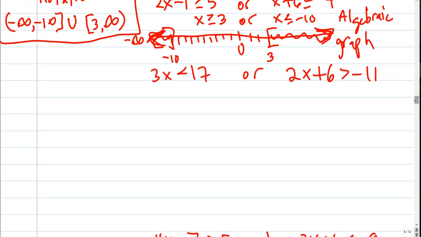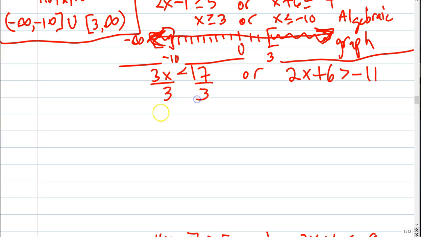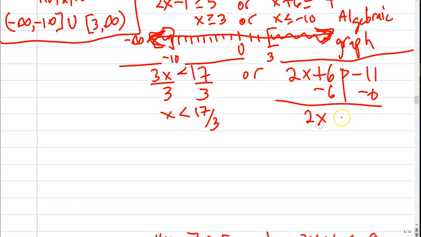Next one. Pretty easy to solve. Let's go ahead and divide everything by a 3 so that x is less than 17/3. Okay, well that's going to be fun to graph. Or 2x is greater than negative 17, over 2 over 2.